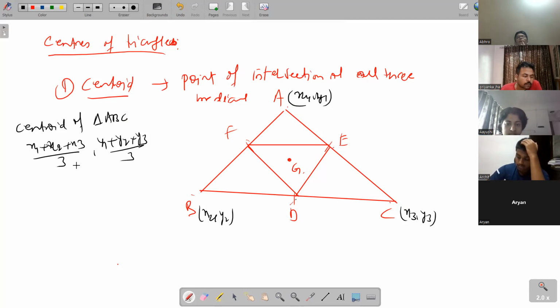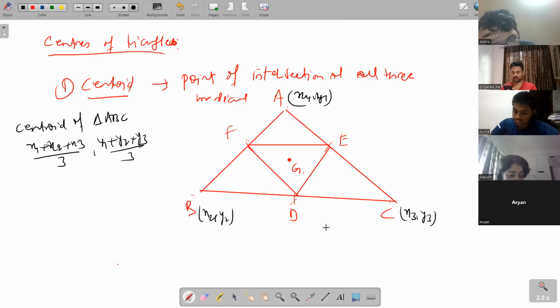That's it. So this is the centroid of triangle ABC.